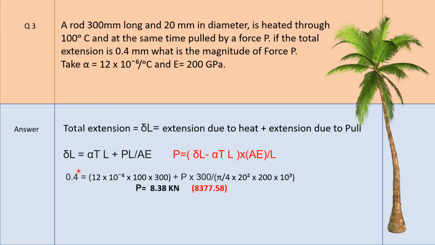So if I substitute the values here, delta L is 0.4, alpha is 12 into 10 raised to minus 6, which is given here. Then T, change in temperature, is 100 degree.